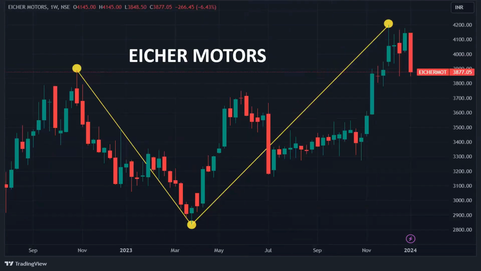What is next? Eicher Motors. What was the problem? When Eicher Motors hit more than 3,000, there was speculation that Hero Honda or Bajaj Auto would also come into their segment. Eicher Motors is a leader in the premium two-wheeler segment, Royal Enfield and all.